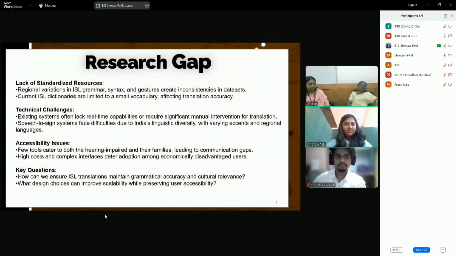The research gaps cover standardization, resources, technical challenges, accessibility issues, and key questions. We have covered all those gaps and the technical challenges which were faced in the previous existing solutions, and we have made a more accessible and more feasible project. Further, everything will be explained by Shreyas.